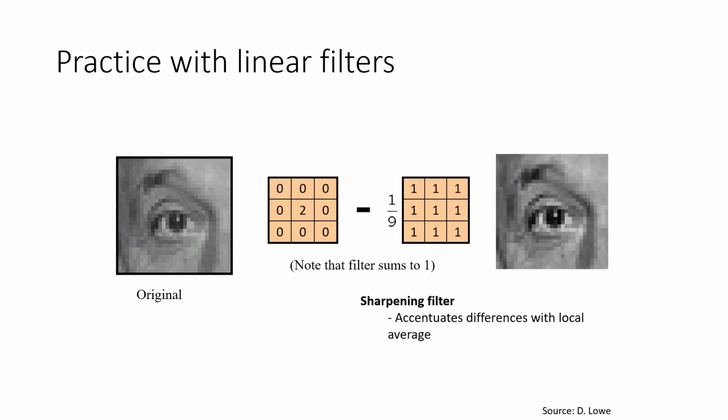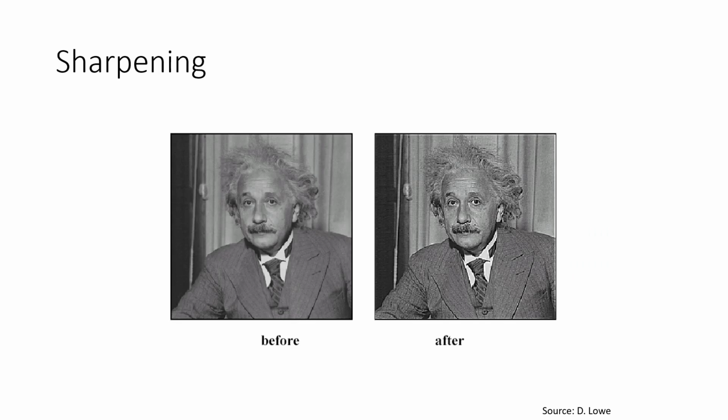Okay. If you combine two kernels or masks, for this one and minus another one, then you will get the result of sharpening. So this is the output.